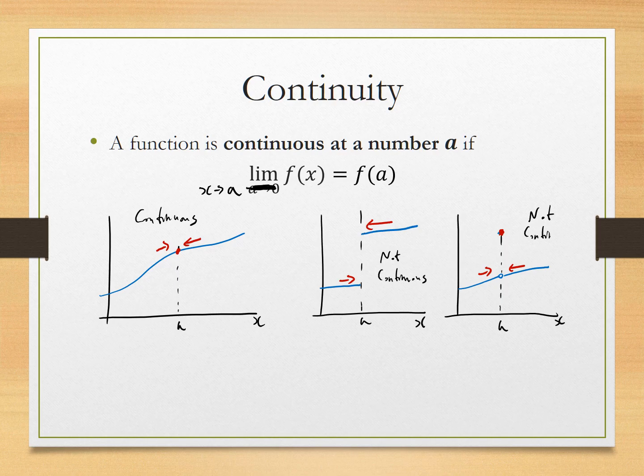So these two cases are not continuous, but for different reasons. In the first case, the limit does not exist. In the second case, the limit does exist, it's just not equal to the actual value of the point.